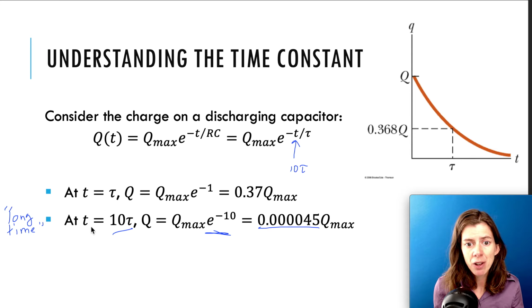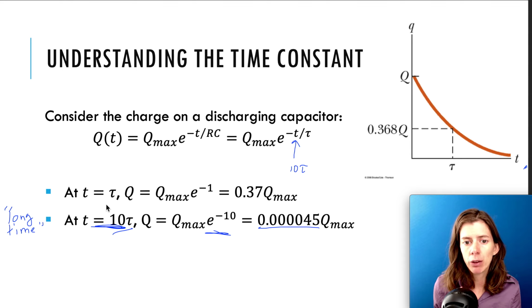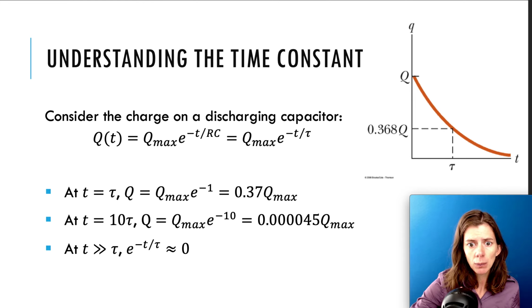So after this amount of time has passed, which is way off screen to the right, you basically have zero charge left. That's what we mean by after a long time has passed. Although it is subjective, in this class we can say 10 tau is a long time. You're basically down to zero charge on your discharging capacitor. So when time is much greater than tau, the exponential is basically equal to 0.